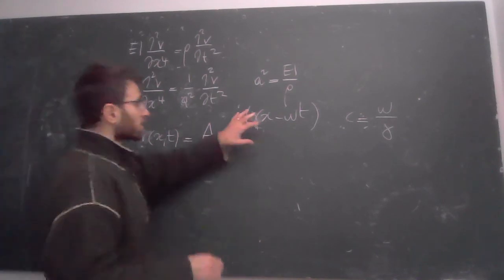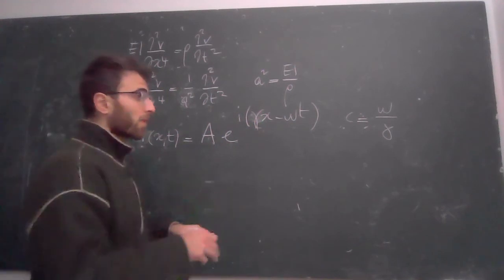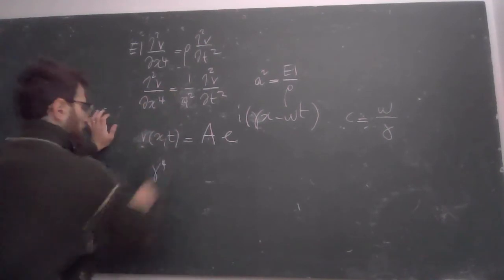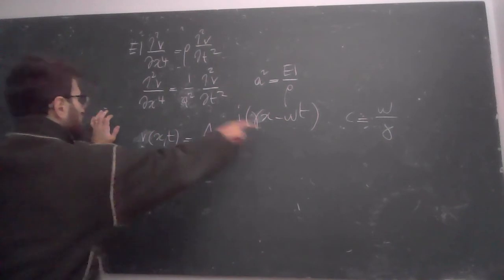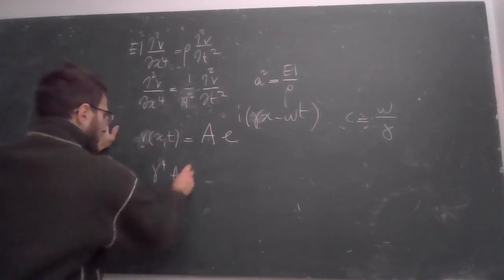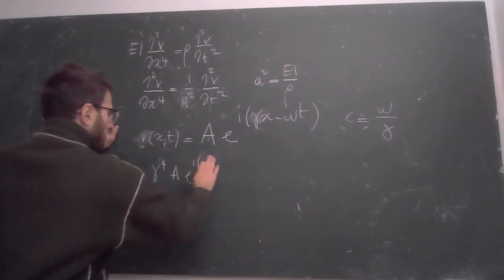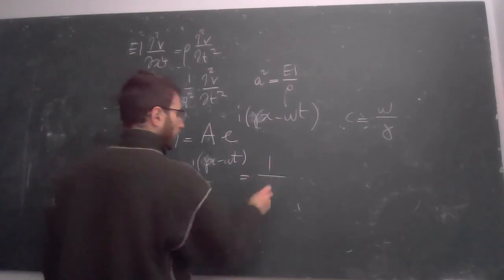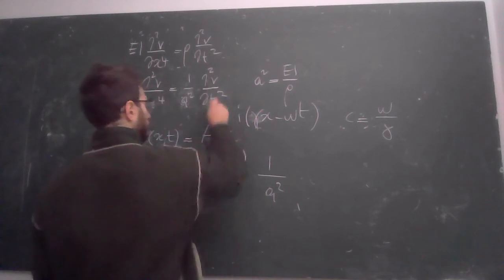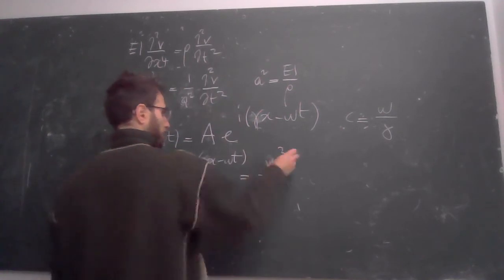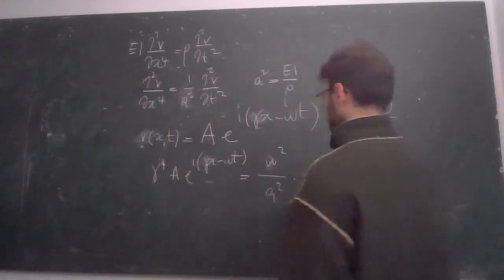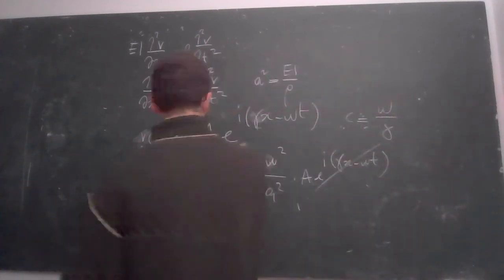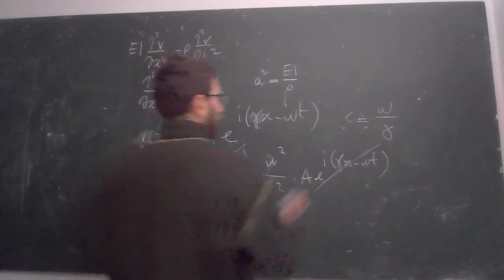So we substitute this expression, imposing that a wave propagates inside this equation. We have A squared times gamma to the fourth, the fourth derivative, and then we have 1 over a square times omega squared, the time derivative, with the same term. We can cancel both terms.